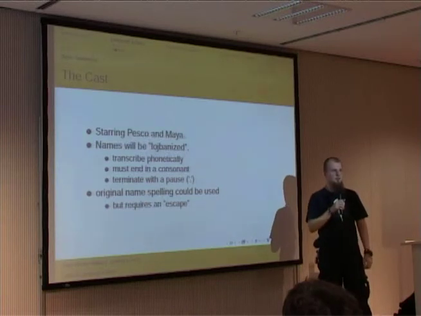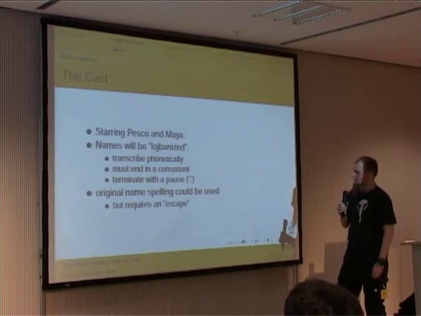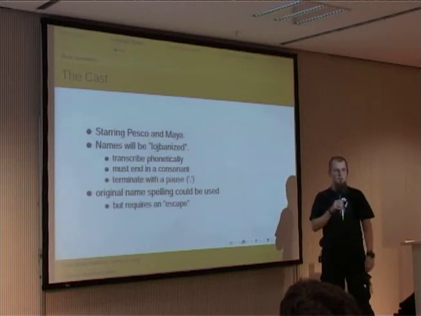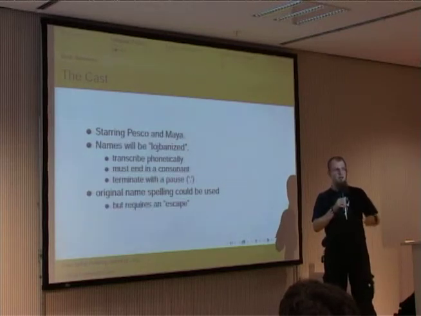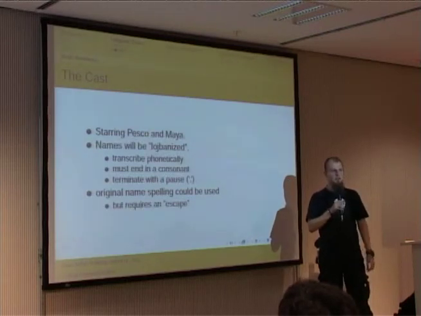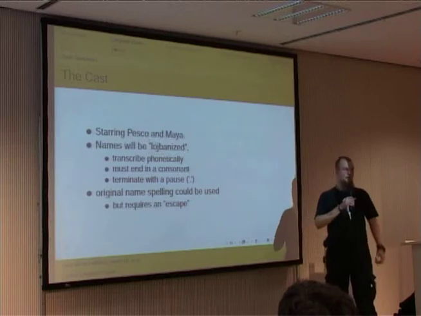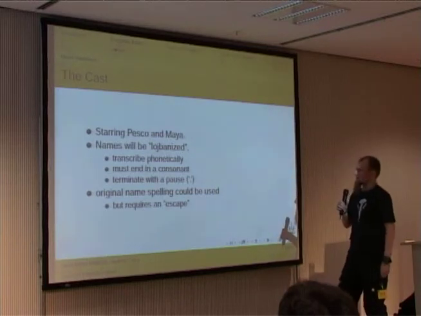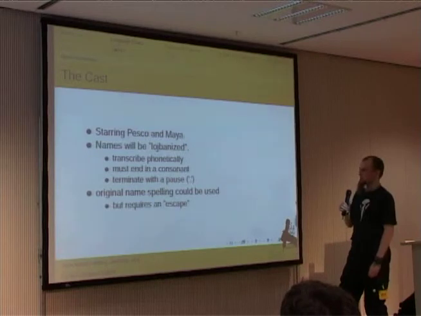This is necessary to make the grammar unambiguous. We could also use the original spelling and pronunciation of the names, but this would require some kind of escaping construct, which is available. Say you want to mention Goethe in lojban, and you want people to recognize the name by its spelling, then you can use this. But usually it's too cumbersome.